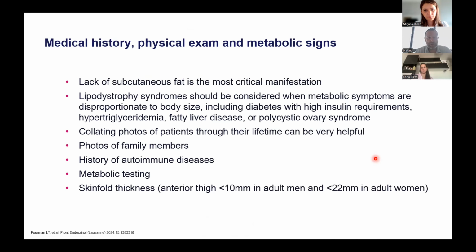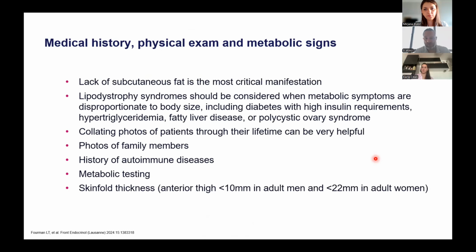One thing that could help is looking at the photos from the patient through their lifetime, because you can document the progression of fat loss by looking at these pictures. And also, especially in the familial partial lipodystrophy subtype, most of these patients have autosomal dominant disease.